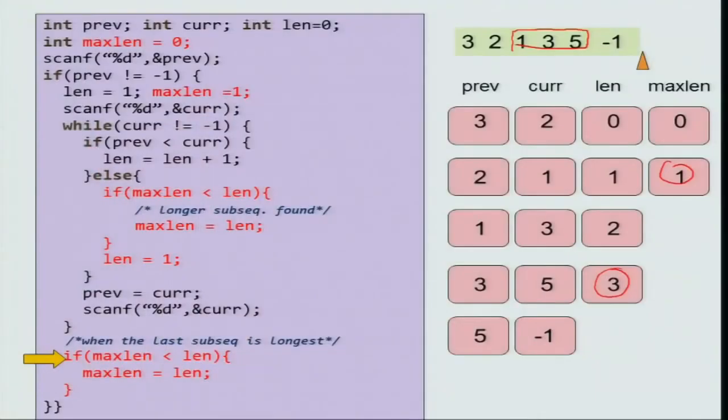So we just check if max length is less than the length, then you set max length to be the length. Once you do that, max length becomes 3. This is just to handle the case when the longest increasing subsequence is the last. Now you can exit out of the if condition and then print that the maximum length that you have seen is 3.